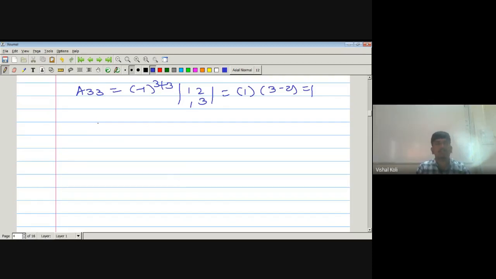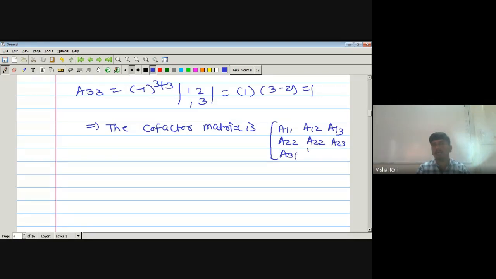So the cofactor matrix is A11, A12, A13, A21, A22, A23, A31, A32, and A33. Now just put in its values.